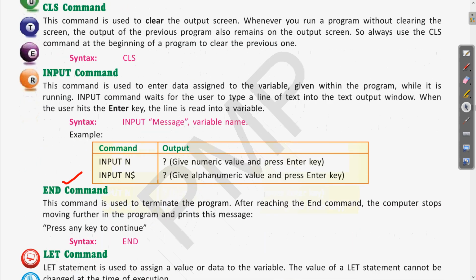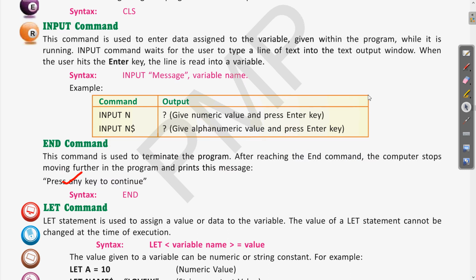Come to this next new command, that is the input command. So what is the input command? This command is used to enter data assigned to the variable. Clear? So whatever value you want to take from the user, or whatever value a variable will hold, that can be given using the input command.